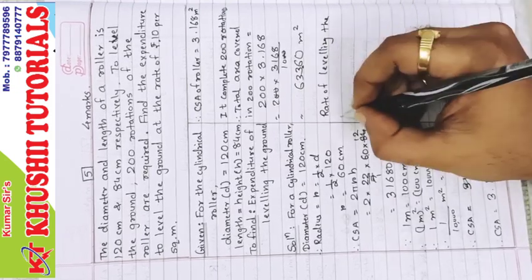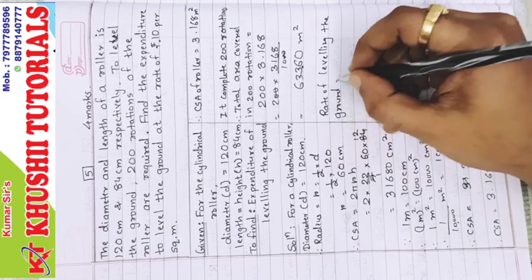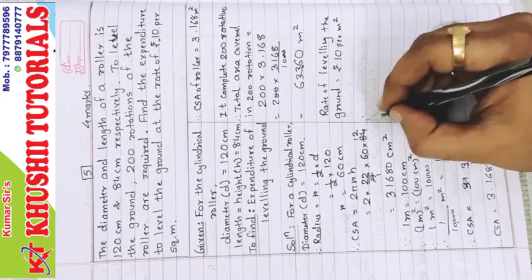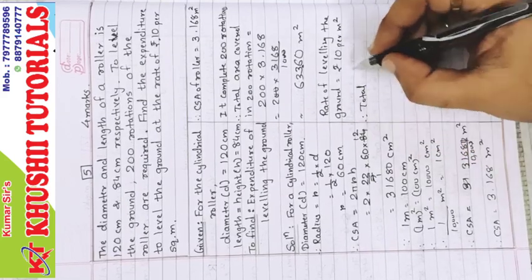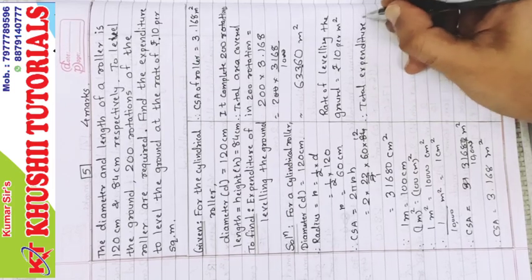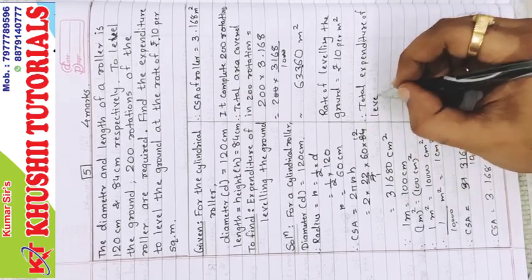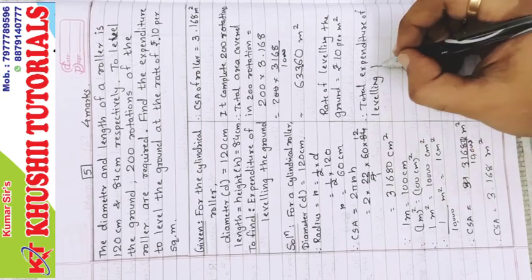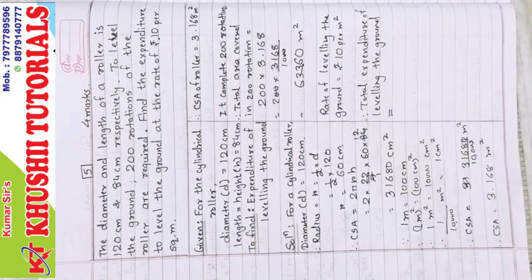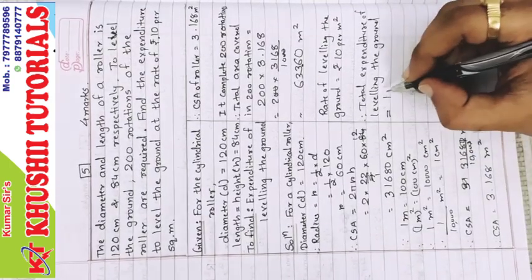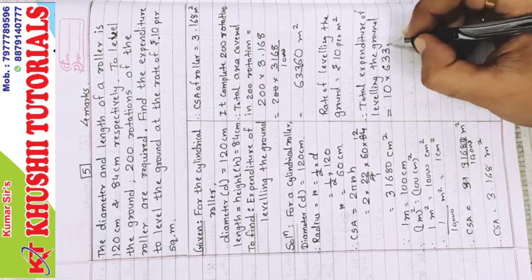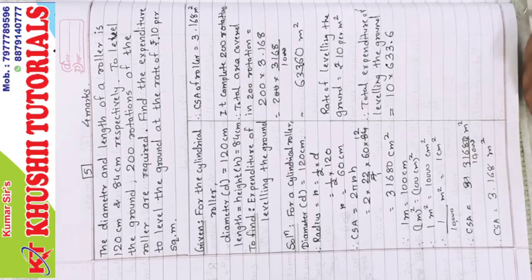Now the rate of leveling the ground equals rupees 10 per meter square. Therefore total expenditure of leveling the ground equals 10 into 633.60, or 633.6 only.